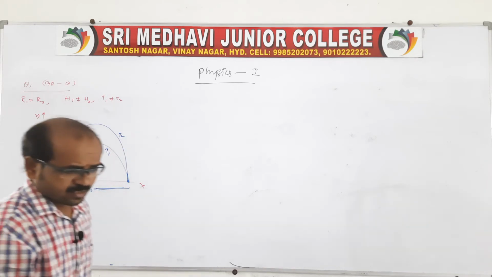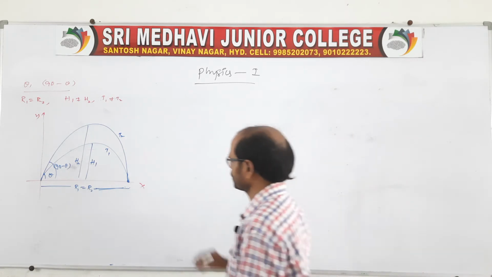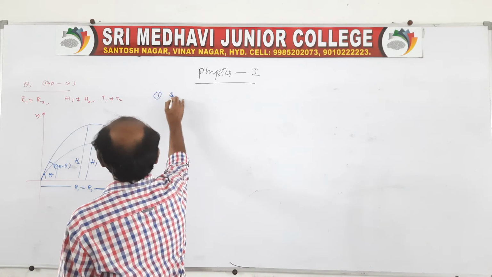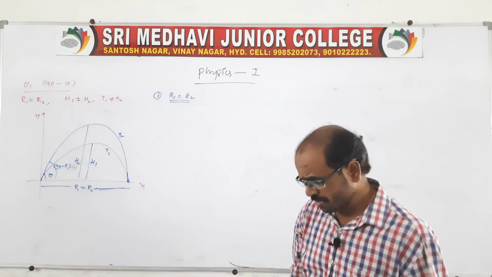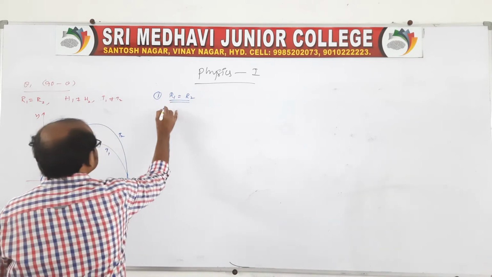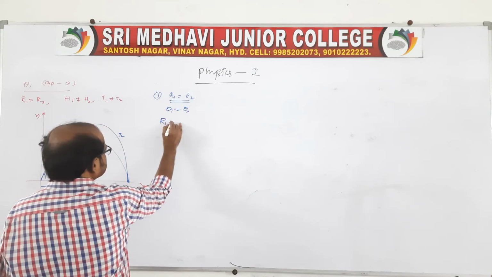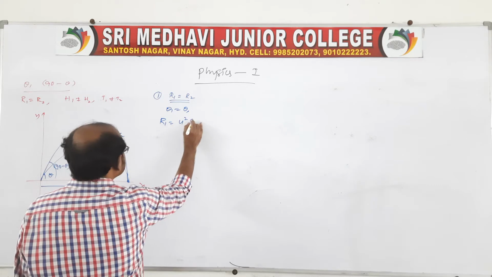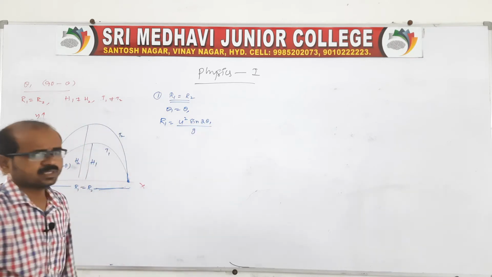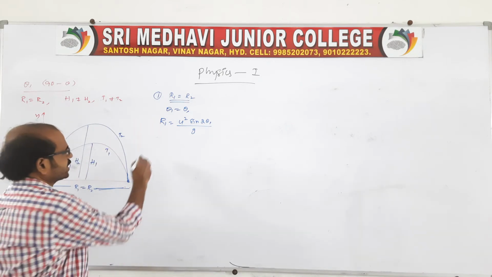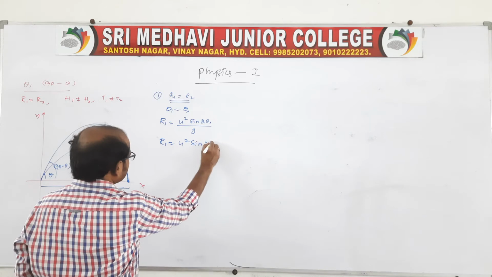So here we have to take the two expressions, theta and 90 minus theta. Now I am taking the ranges as equal. Let us show it. Let theta 1 be equal to theta. So the range is u square sin 2 theta 1 by g. Theta 1 is given as theta, therefore r1 is equal to u square sin 2 theta by g.